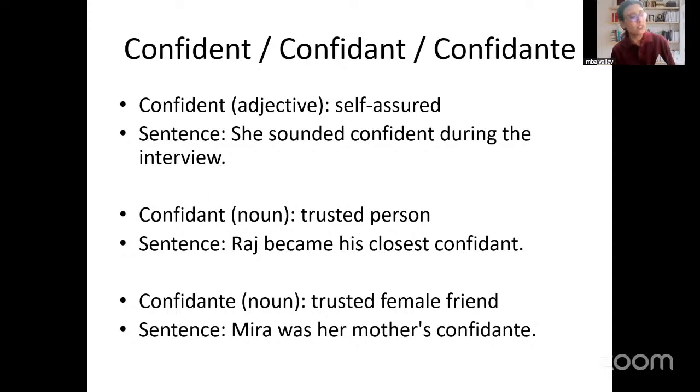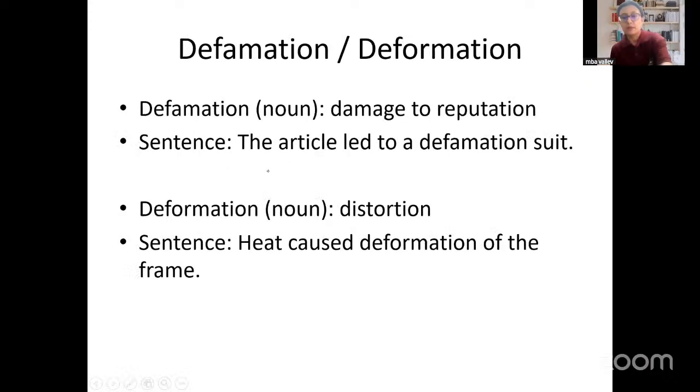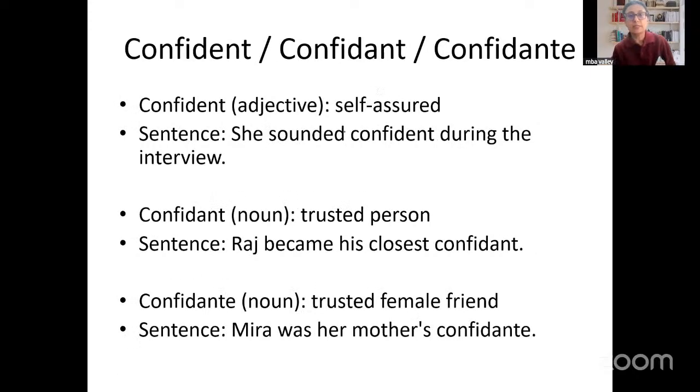Okay. Confident. You know the meaning of the word confident. I'm extremely sure. I've put this word just to show you how these three words are together, almost the same in sound. So confident is self-assured. She sounded confident during the interview, right? I'm very sure you know this word. Okay. Then comes the next word, confidant. Confidant is a trusted person, someone you tell everything to, in whom you confide.